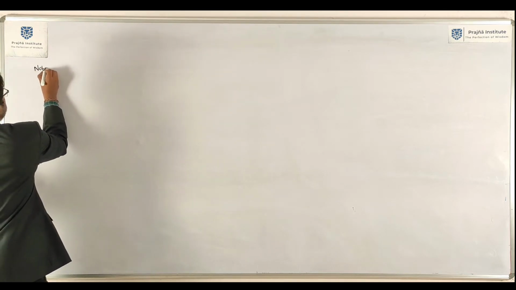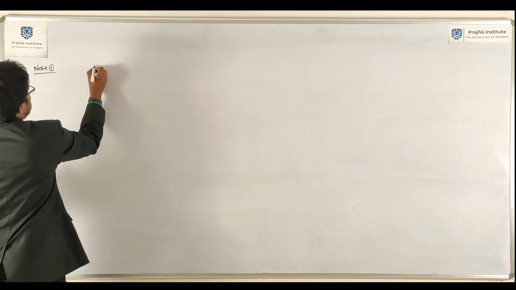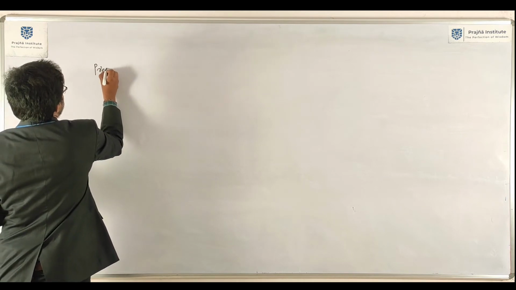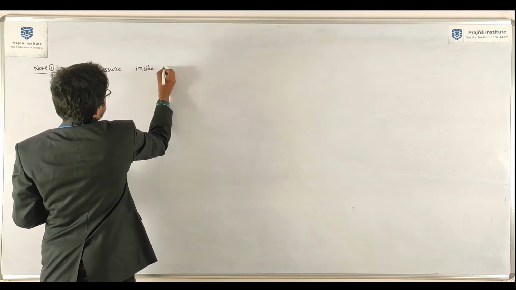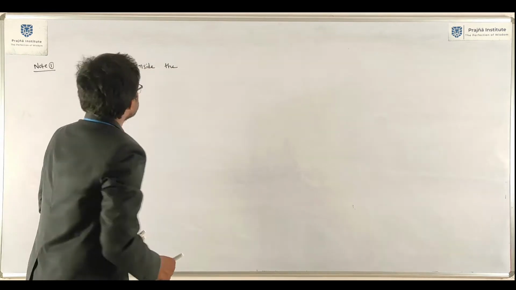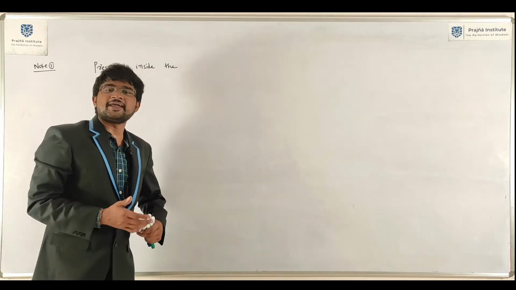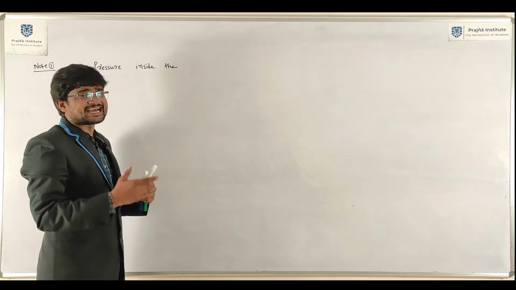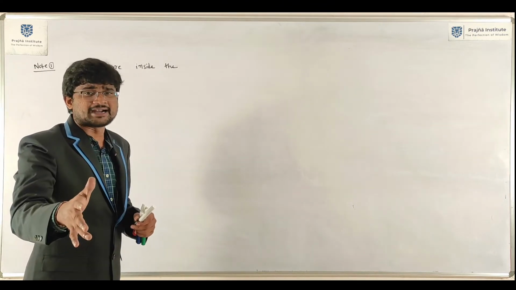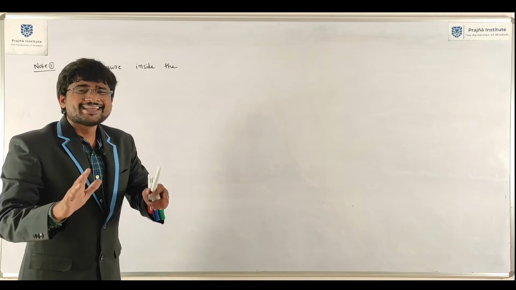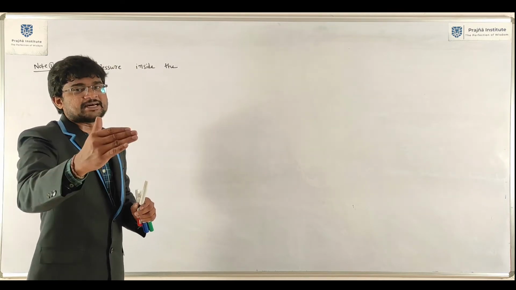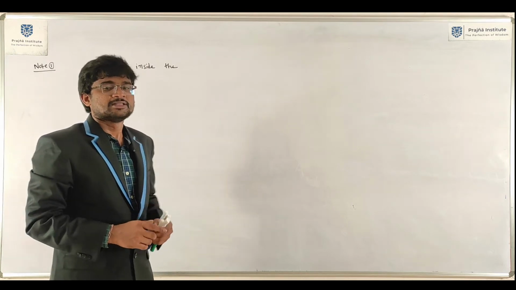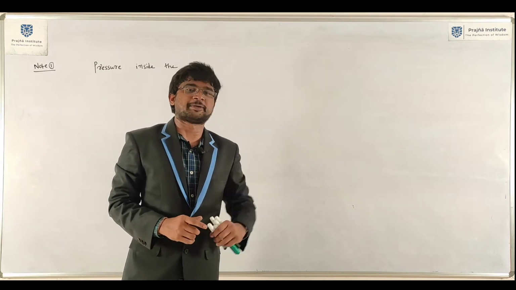Note 1. Pressure inside. Strictly speaking, the pressure inside the liquid droplet is nothing but gauge pressure. Okay? Gauge pressure is nothing but excess pressure. What is the definition of gauge pressure? The pressure above the atmospheric pressure.